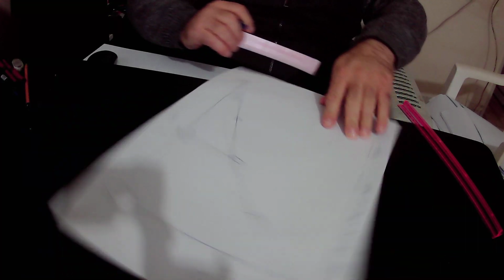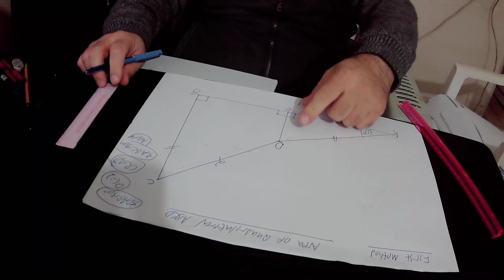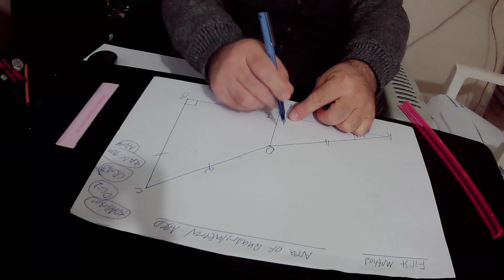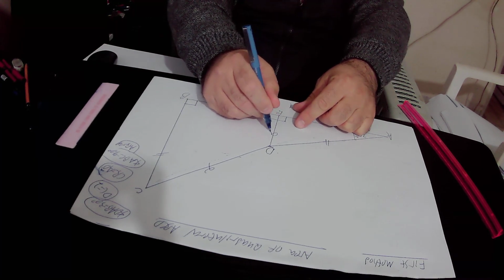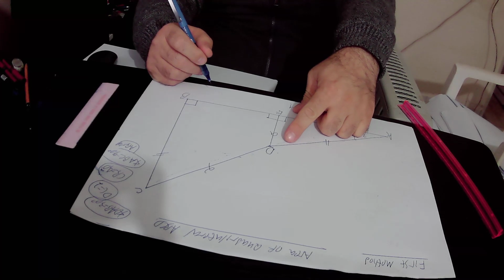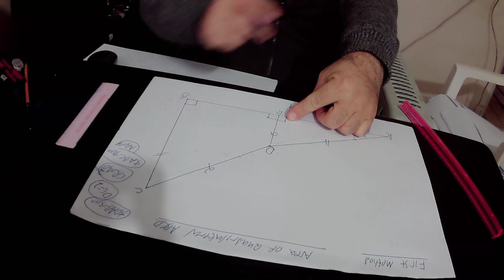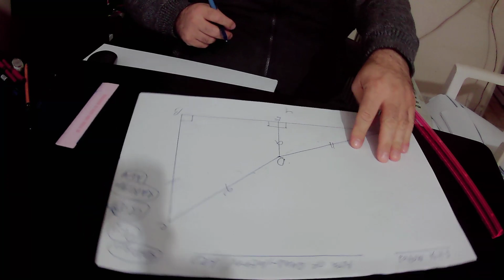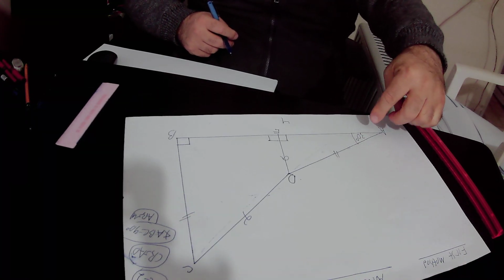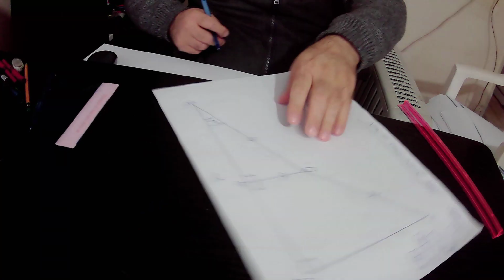And we will define line segment DE as A. That is to say, the length of line segment DE is equal to A units. And we will focus on the right triangle, triangle AED.